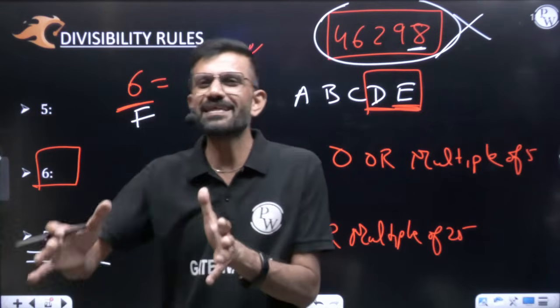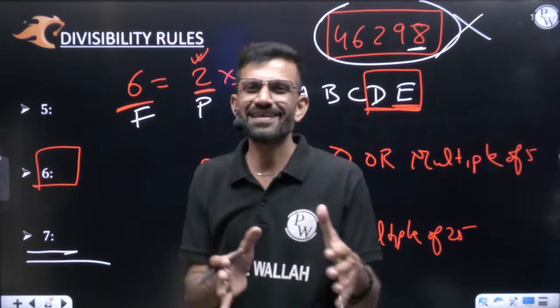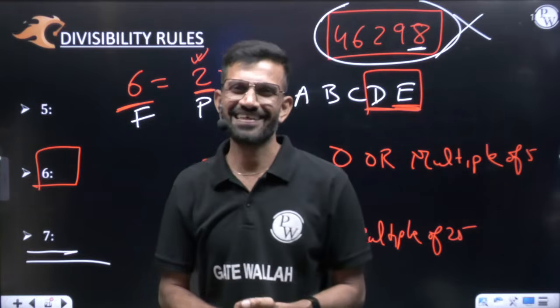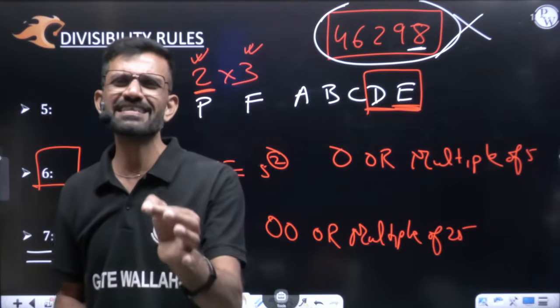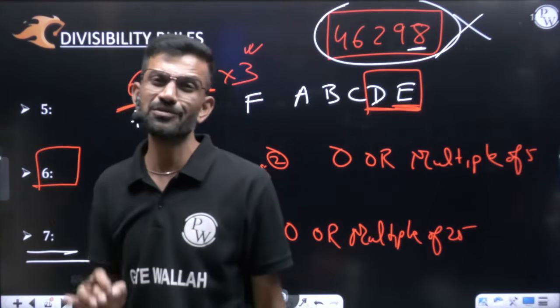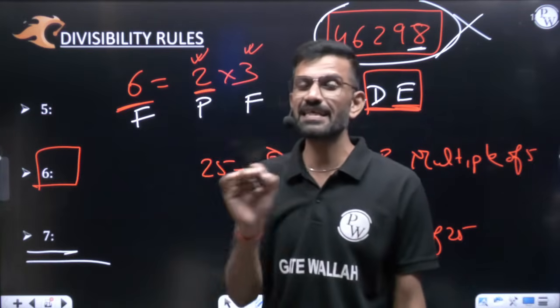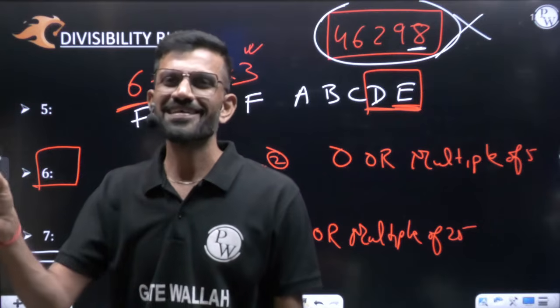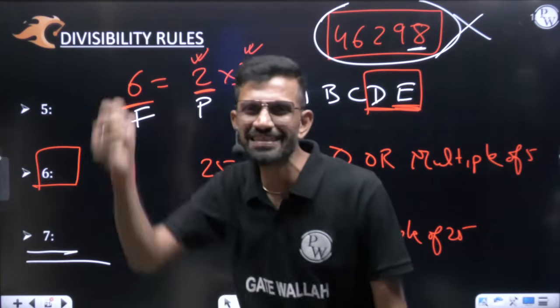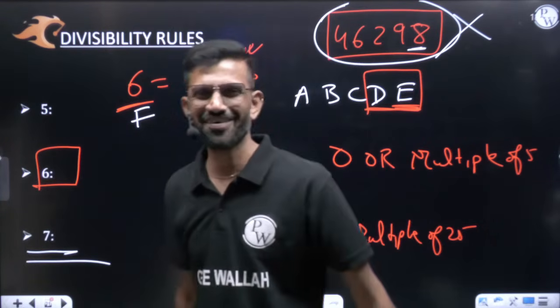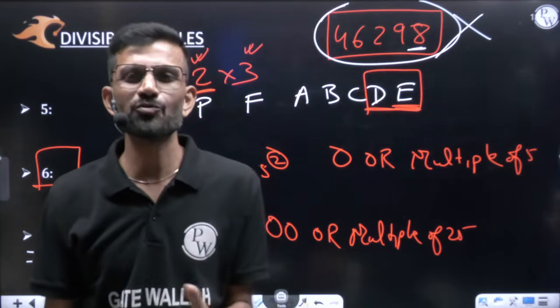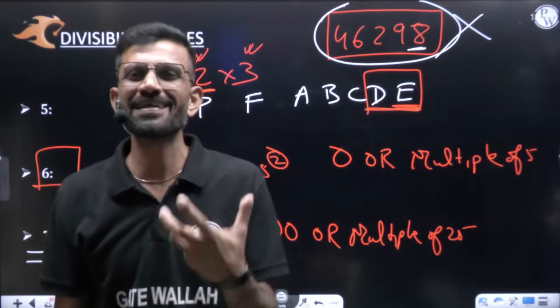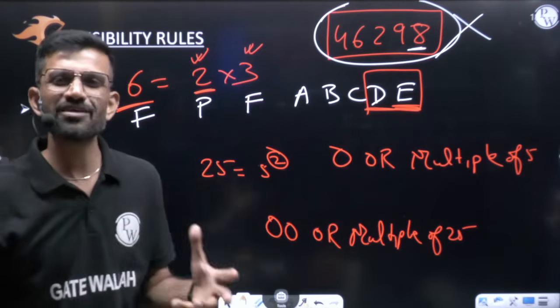Because that rule is complicated, my suggestion is to divide and check. For 7, 13, 17, 19 there are divisibility rules, which I can mention for your information, but my suggestion is always not to use those lengthy rules; directly divide and check. We make these rules to make our work a little easier, not to make it complex.